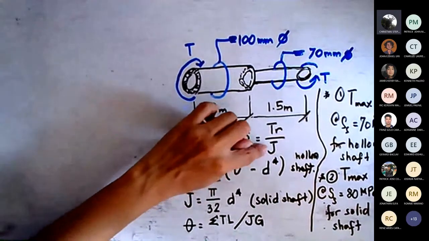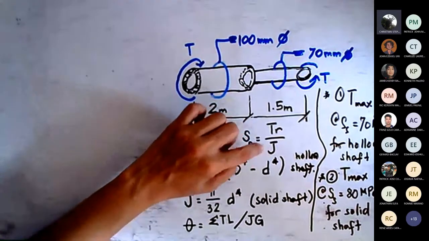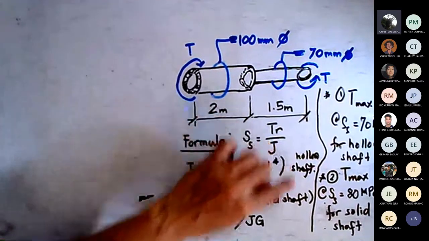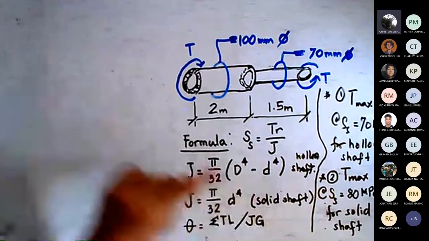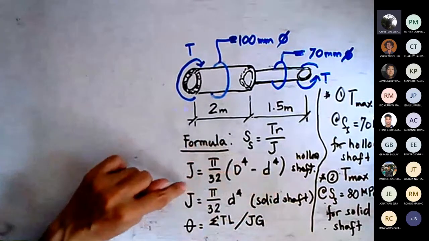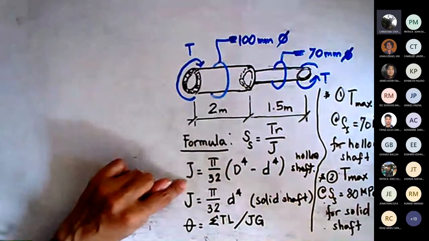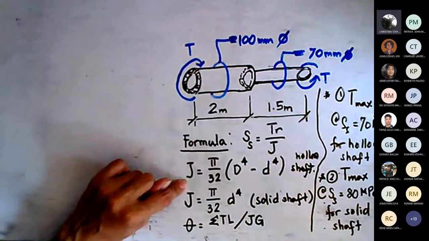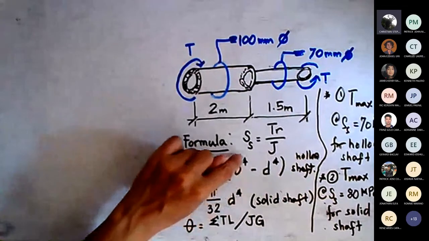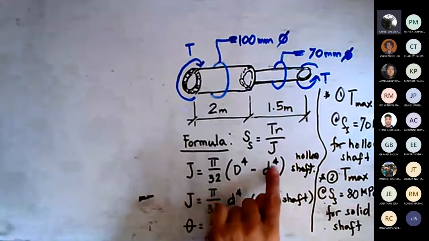Yung polar moment of inertia is dependent on whether the shaft is hollow or solid. Kapag hollow ang shaft, ang polar moment of inertia, J is equal to pi over 32 times D to the fourth minus d to the fourth.